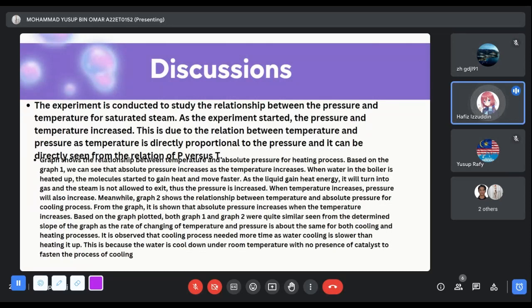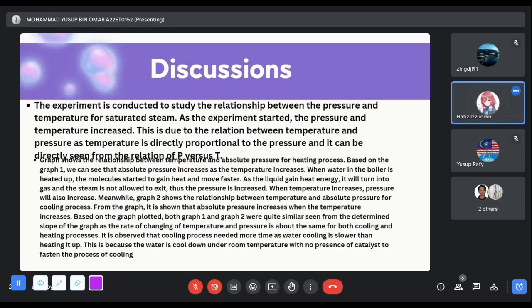This is because temperature is directly proportional to the pressure, and it can be seen directly from the relation of pressure versus temperature. The graph shows the relationship between temperature and absolute pressure for the heating process, based on graph 1. We can see that absolute pressure increases as the temperature increases.